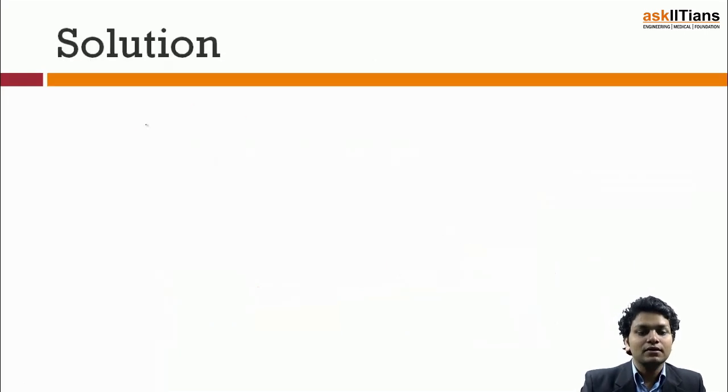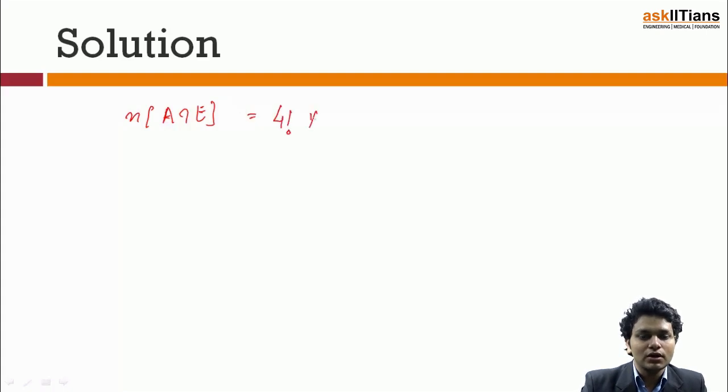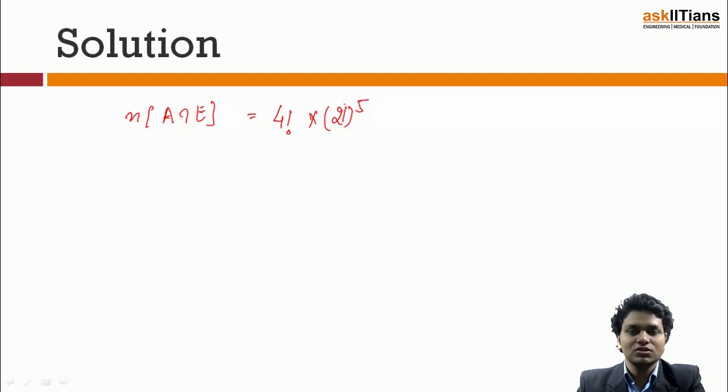So let's make the intersection event of A intersection E, in which the American man is also seated with his own wife and the Indian man is also seated with his own wife, and that can be done in 4 factorial into 2 factorial to the power 5 ways. So this is the way in which A intersection E can be written.